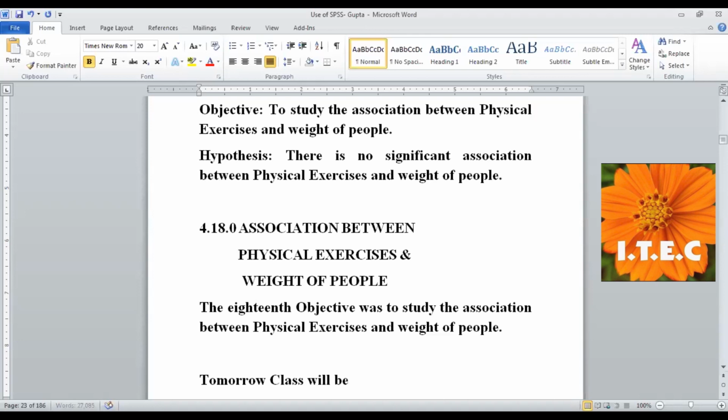Class will be from 6:30 p.m. to 7:45 p.m. So please note this particular change, and I will request Gupta to further inform all the participants about this change. So this is only for tomorrow. Day after tomorrow, it will be the normal time.